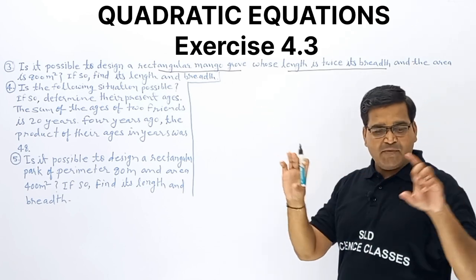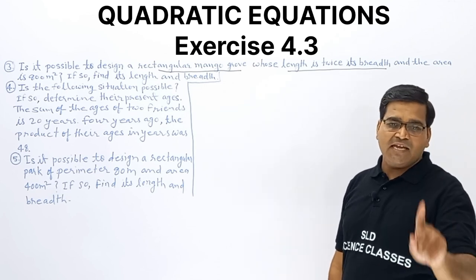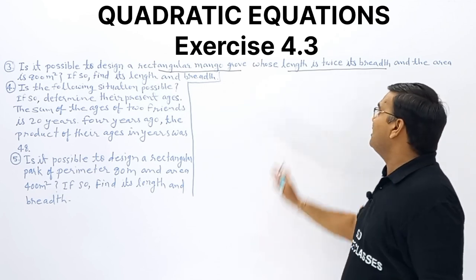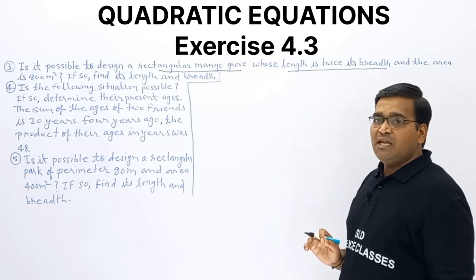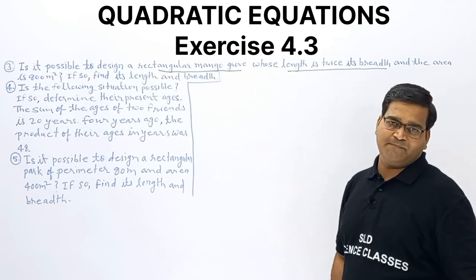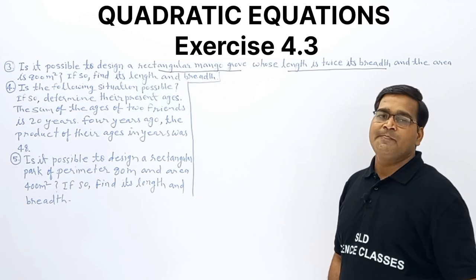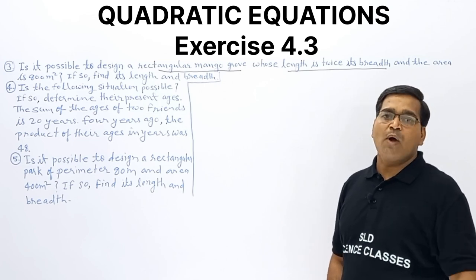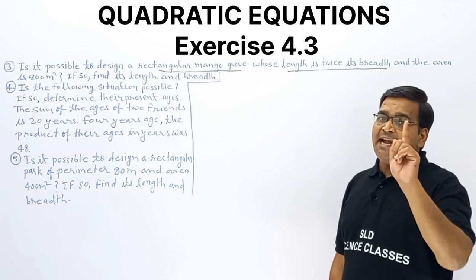Clear? We have a park of rectangular shape. Its area and one relation between length and breadth are given. Is it possible to design it? We will find the situation in the form of an equation, a quadratic equation.